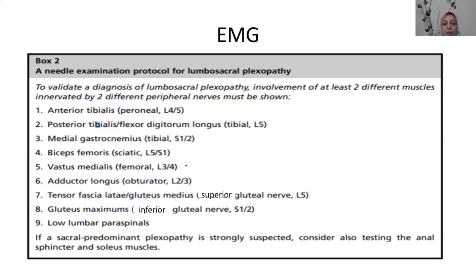One sciatic innervated muscle, like biceps femoris, one femoral innervated muscle, like vastus medialis, one obturator innervated muscle, like adductor longus. We will examine gluteus medius and gluteus maximus to ensure that the superior and inferior gluteal nerves are normal. And we will examine paraspinal muscles according to the level suspected.